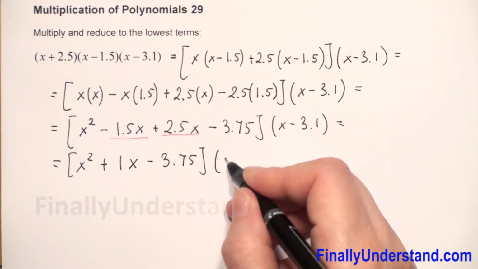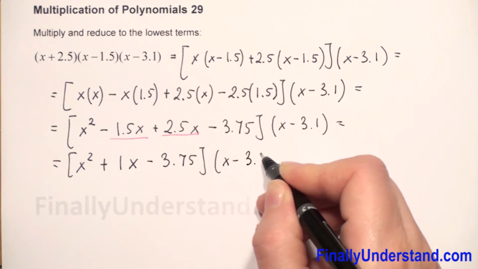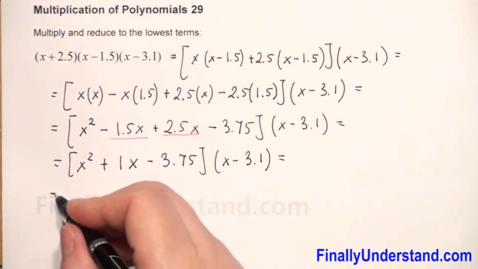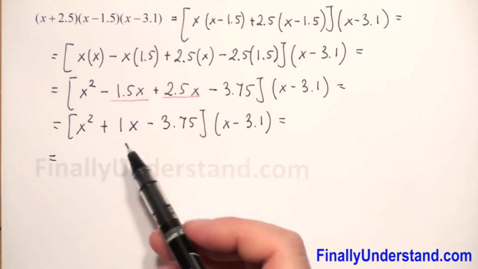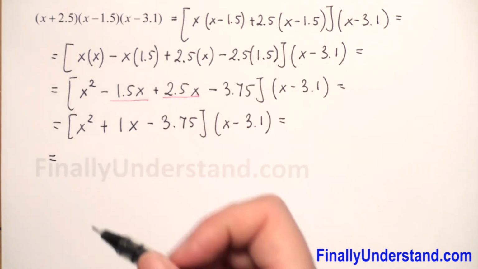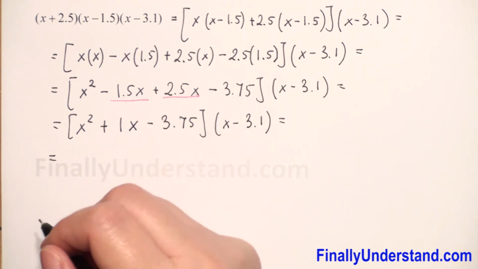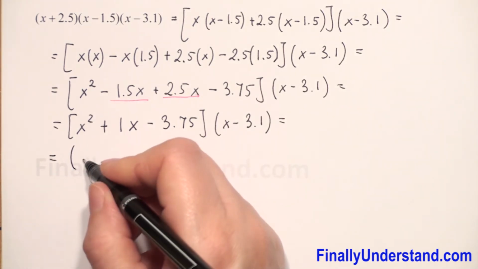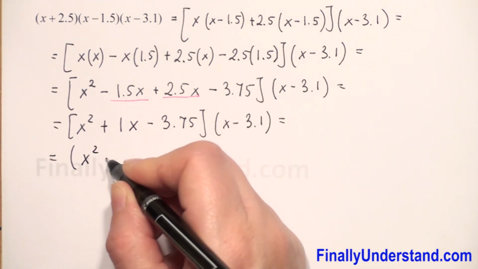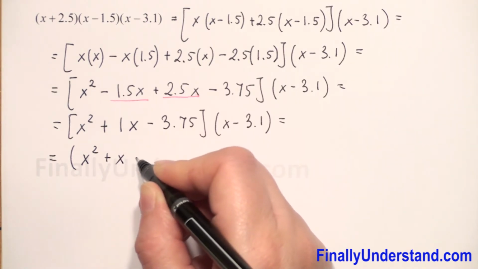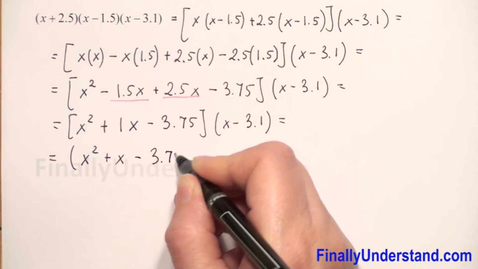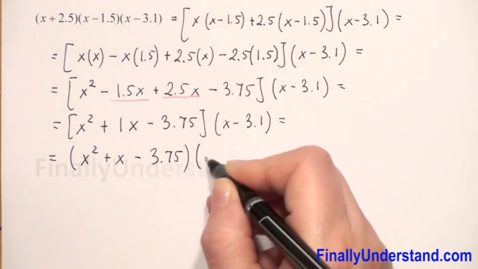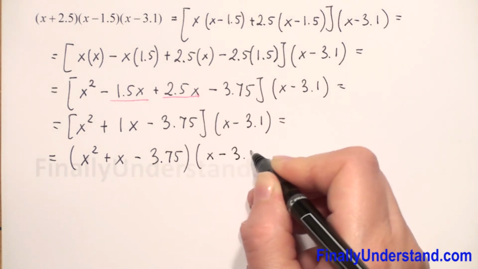And we have times x minus 3.1. Let me rewrite this one more time, because 1 times x is x, so we have, in parentheses, x squared plus x minus 3.75 times x minus 3.1.